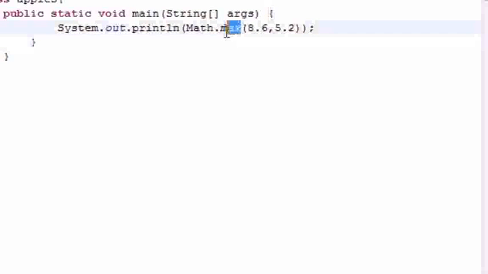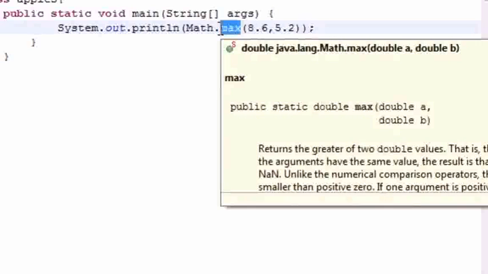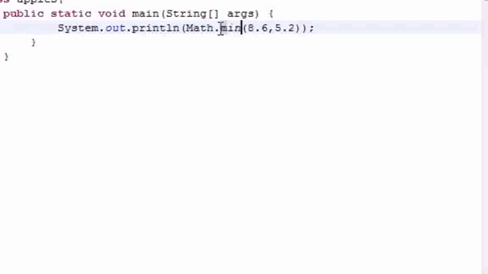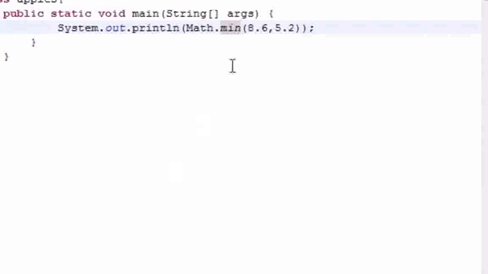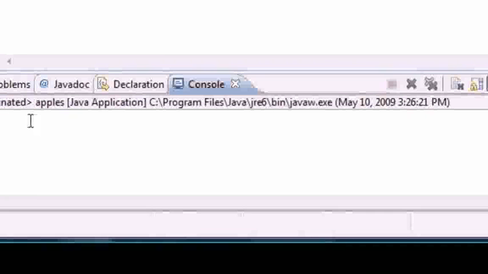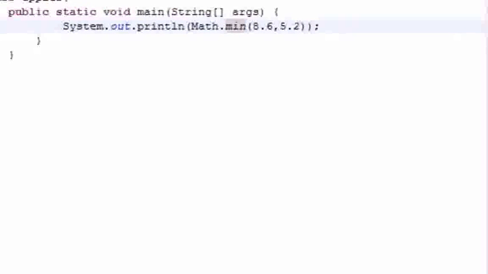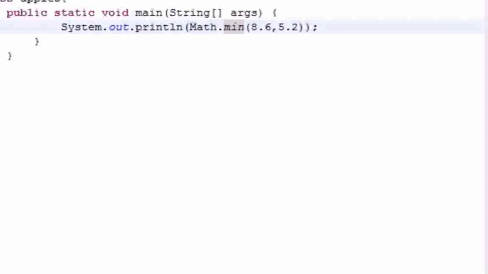And again, whenever you have a method like that, you also have the opposite, and this one is called min. What min does is take the lesser of the 2 numbers. So let's run this, and the lesser of 8.6 and 5.2 is 5.2, right down there. So now we learn absolute value, ceil, floor, max, min.